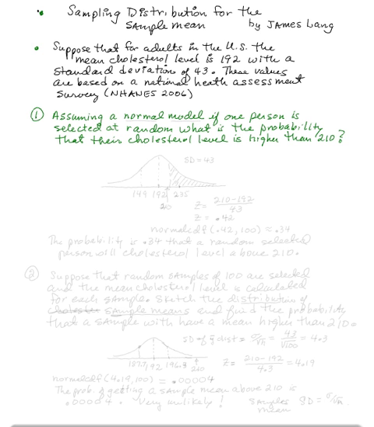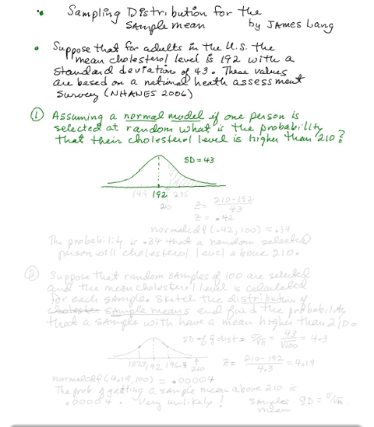Now the first step, as soon as you see that it says that we have a normal model, we can sketch the cholesterol levels of individuals by making a normal distribution and labeling the axis, and the center would be at 192 according to the health survey distribution, and the standard deviation is 43.